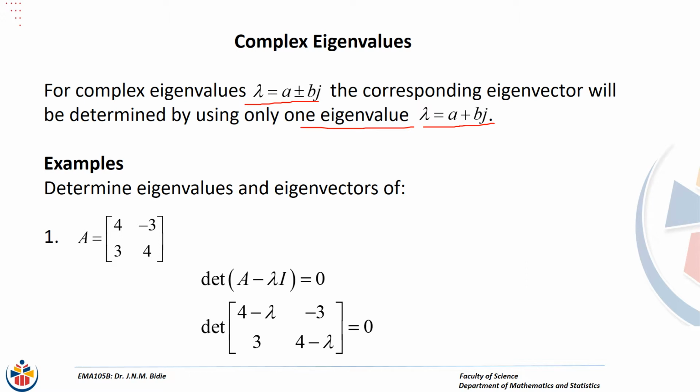Example 1: determine eigenvalues and eigenvectors for this matrix A. As usual, we take the determinant of A minus lambda I and equate it to 0, and then we solve for lambda.